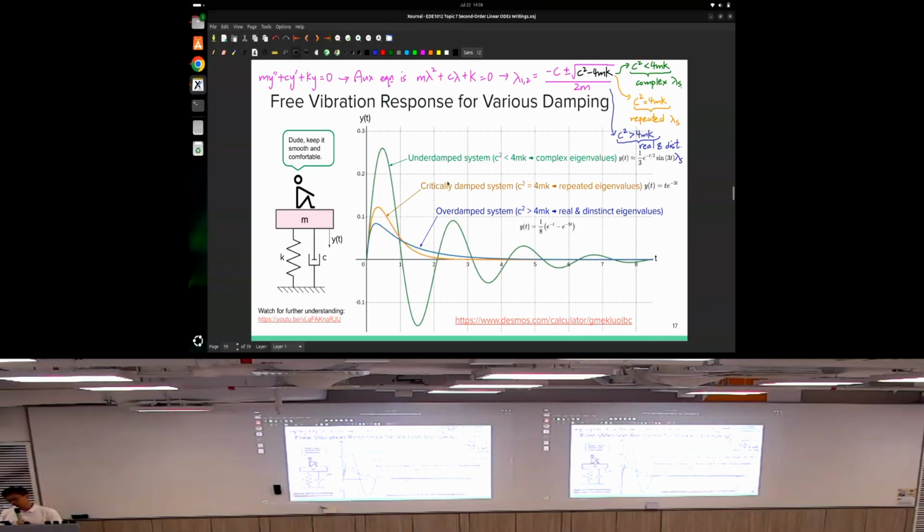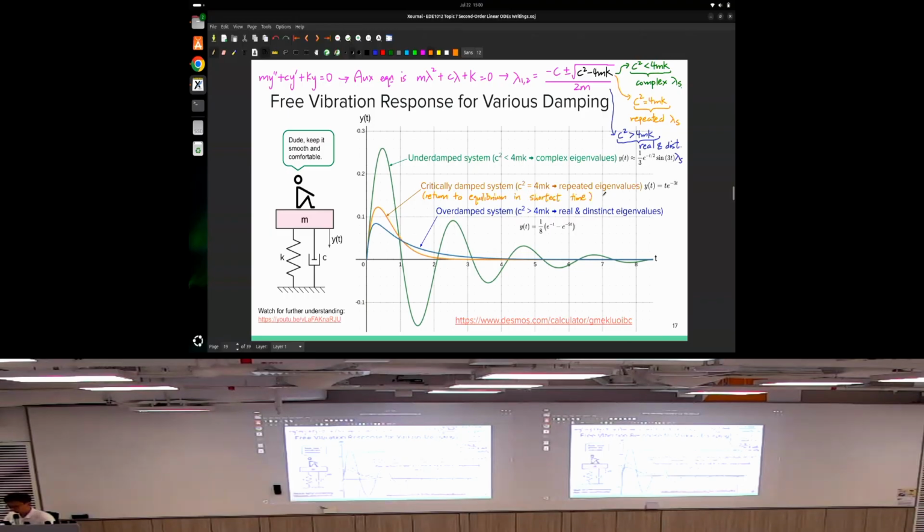So this critically damped system is typically desired if you want the object to return to the equilibrium state ASAP. So let me write, return to equilibrium in shortest time.